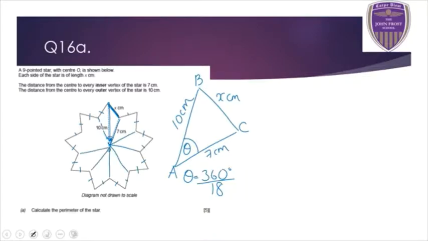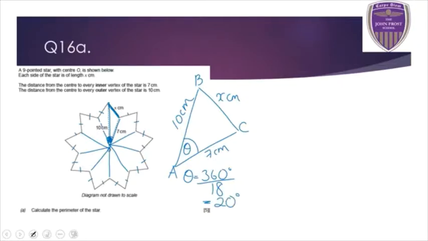Okay, there are 9 of those shapes. So the double angle there would be 40 degrees. Basically, if you divide by 9, you're going to get 40. If you divide by 18, theta is 20 degrees.